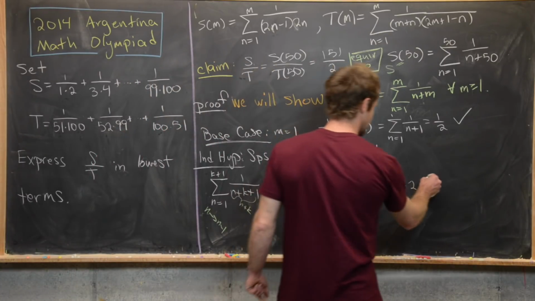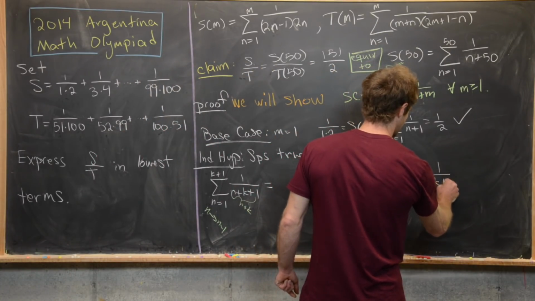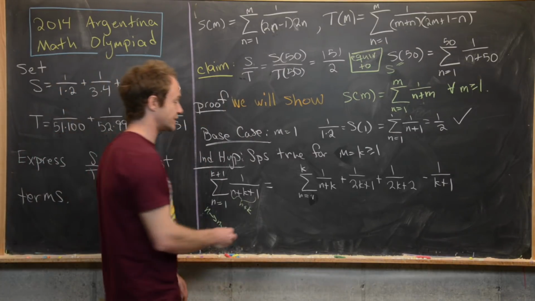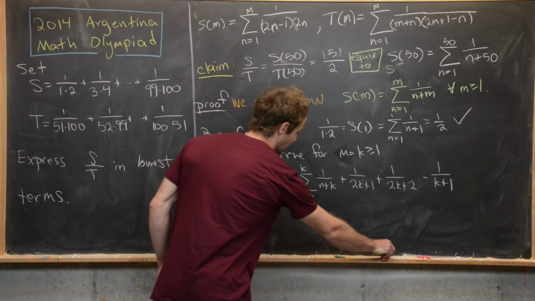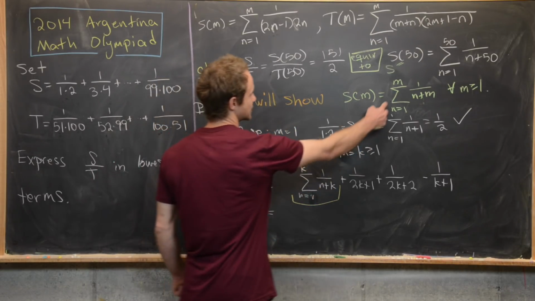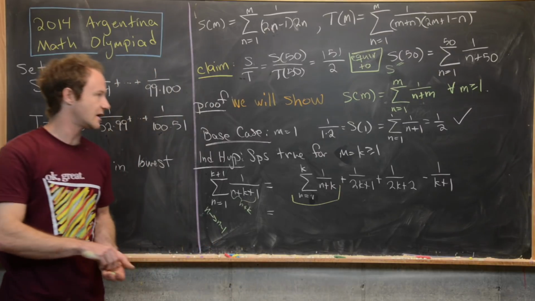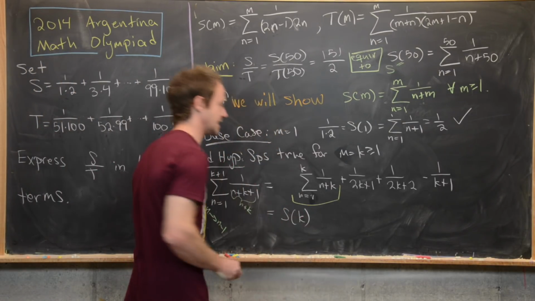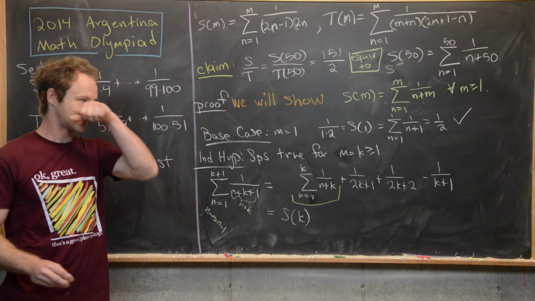So I can do that by doing minus 1 over k plus 1. That's the first term. Great. And so now we can use our induction hypothesis on this. So our induction hypothesis is this thing right here. So that's exactly equal to S of k, again, by the induction hypothesis.